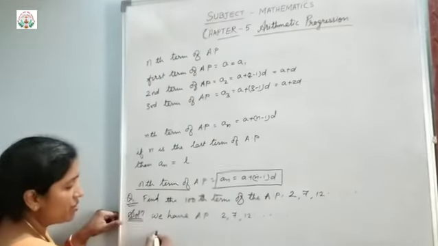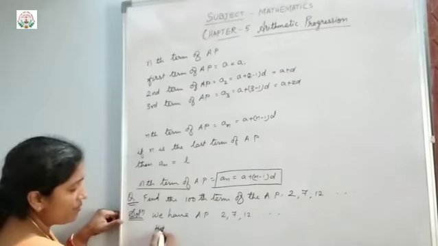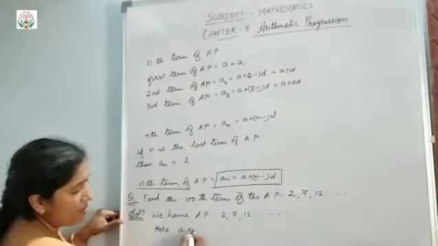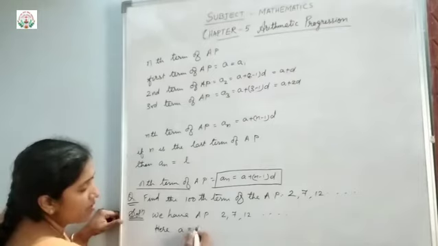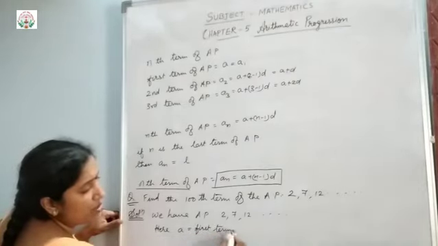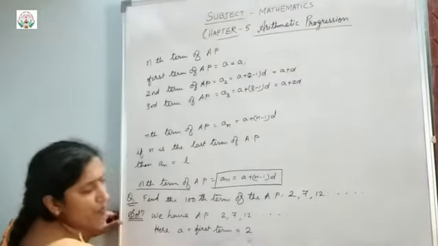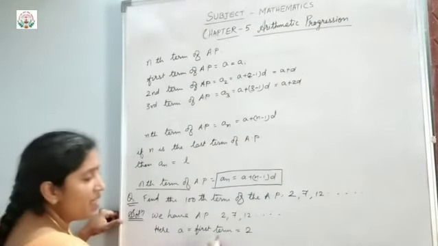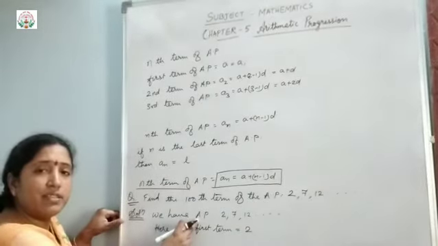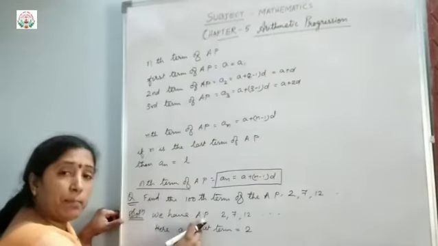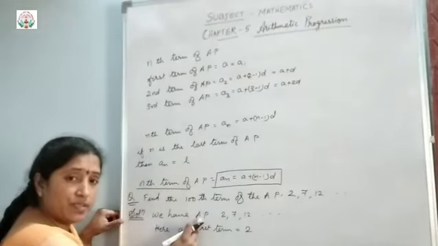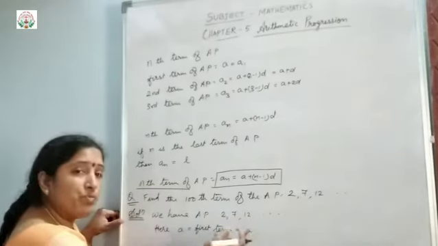What is the first term? Here A, the first term, equals 2. And what is D? Because it is already given that the series is an AP, the difference will be the same.